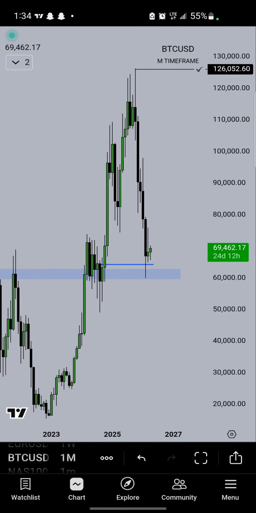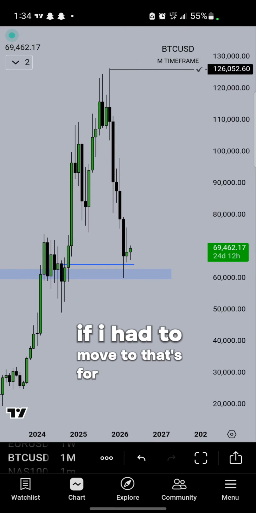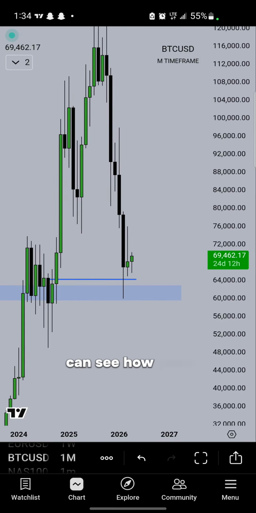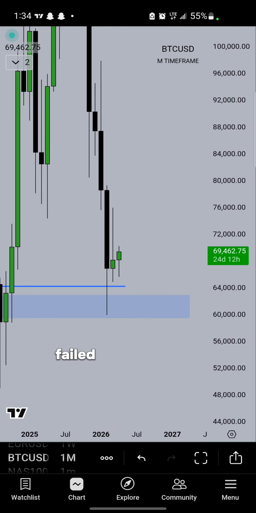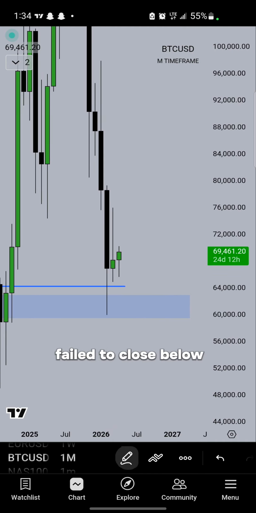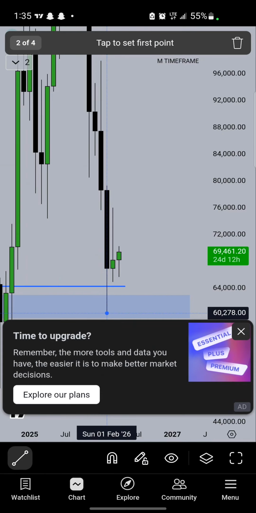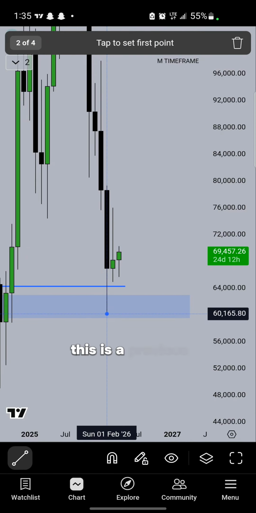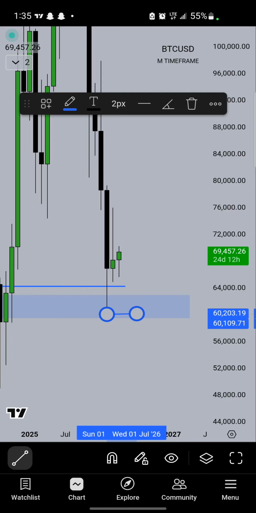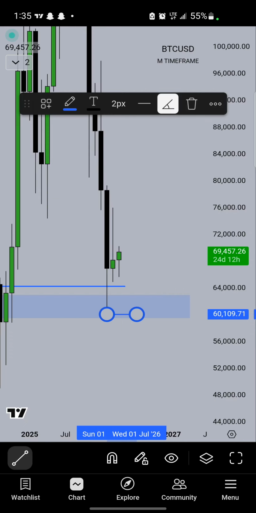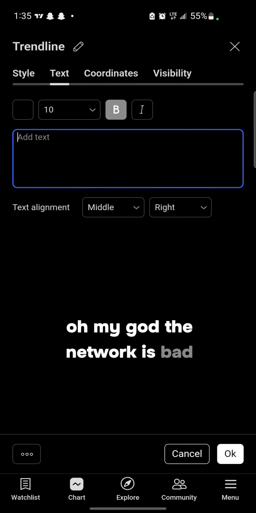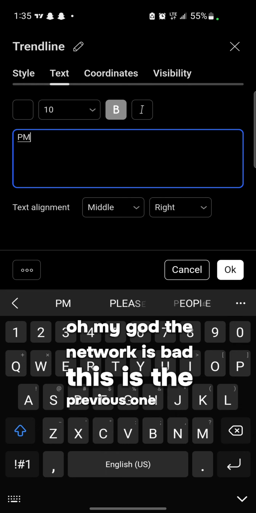And if I were to move to the weekly time frame, you can see how price failed to close below the previous month's low.